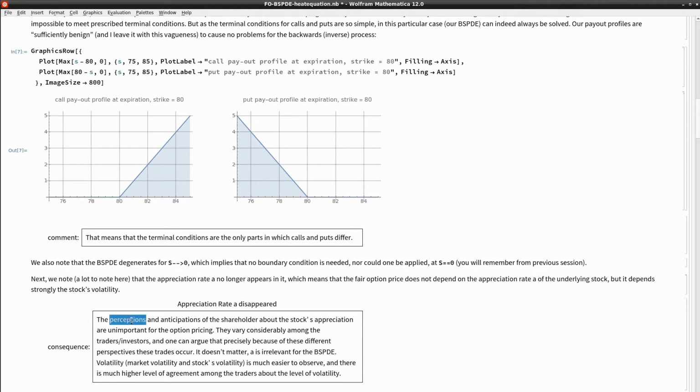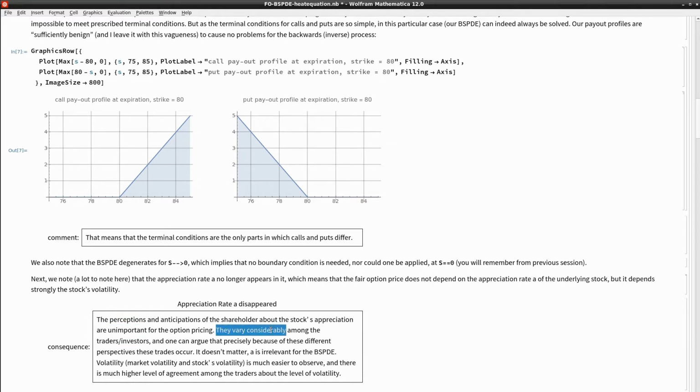The perceptions and anticipations of the shareholders about the stock's appreciation are unimportant for option pricing. You may have an individual one, and we will talk about pricing based on individual appreciation rates later, but for the market pricing, they're totally unimportant, right?